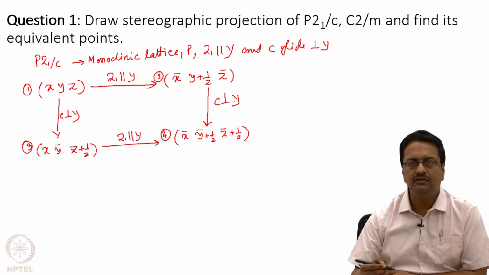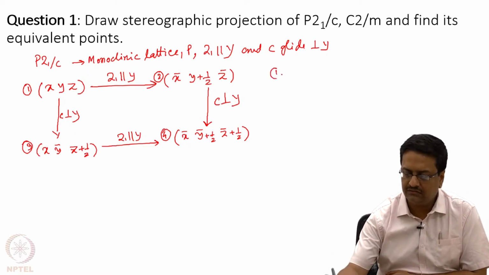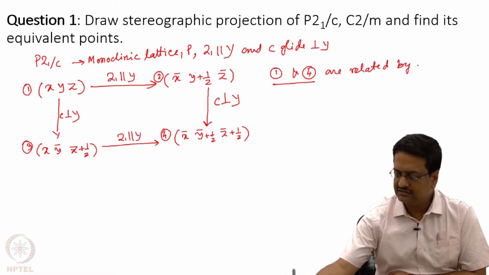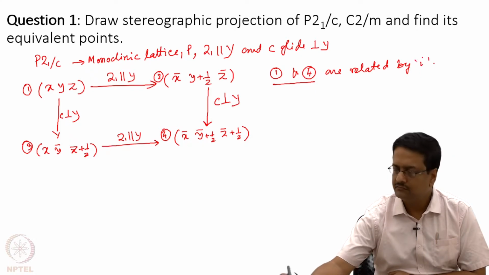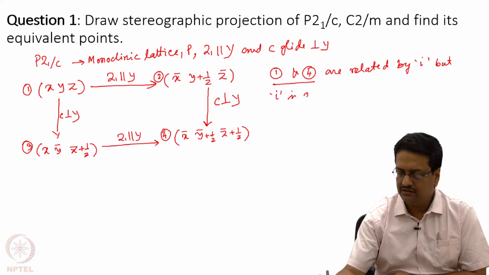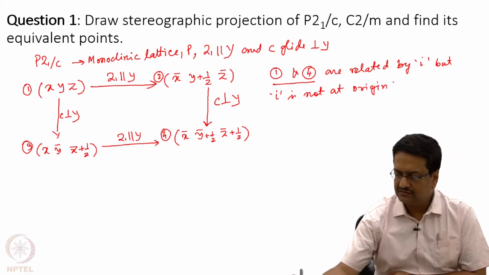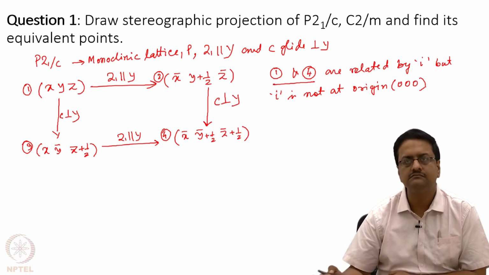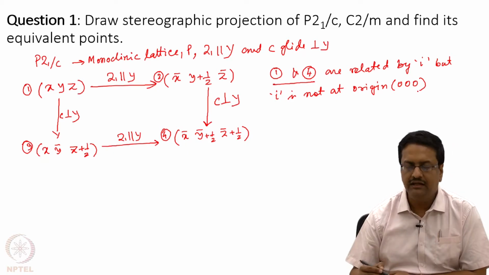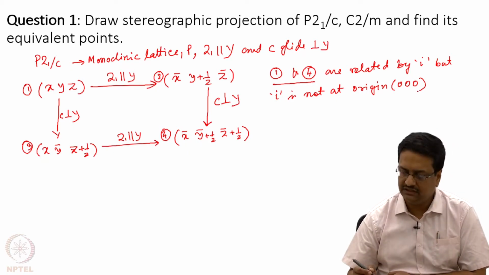Now if we look at the points 1 and 4, they are related by an inversion center, but the inversion center is not at the origin, that is, it's not at 0, 0, 0. So this not being at the origin indicates that the origin has to be shifted.